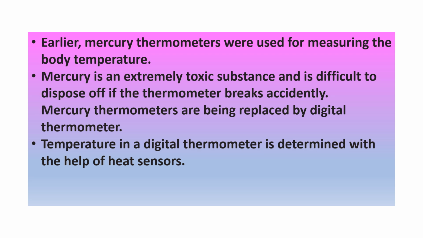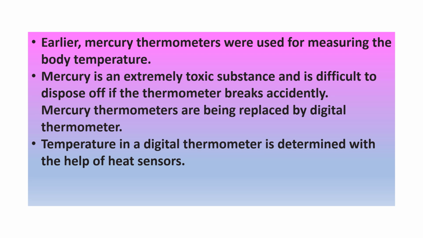Earlier, mercury thermometers were used for measuring the body temperature. So earlier, we used to measure the body temperature using mercury thermometer. Which are these mercury thermometers? These are not digital ones, and they contain mercury in them.